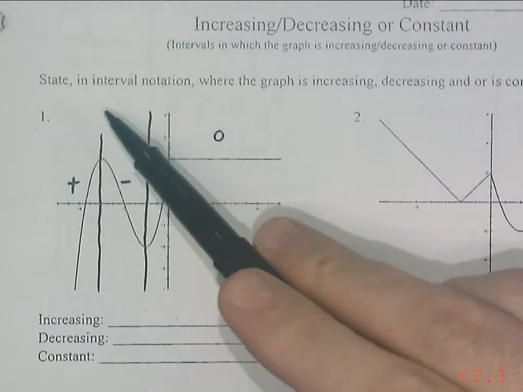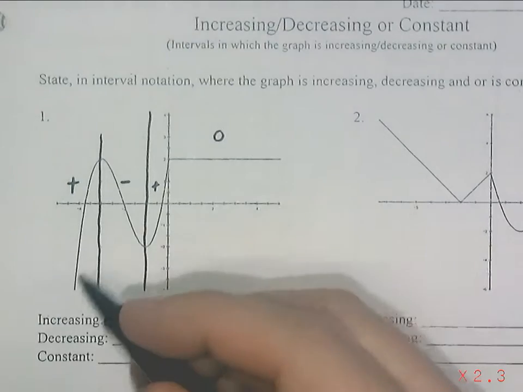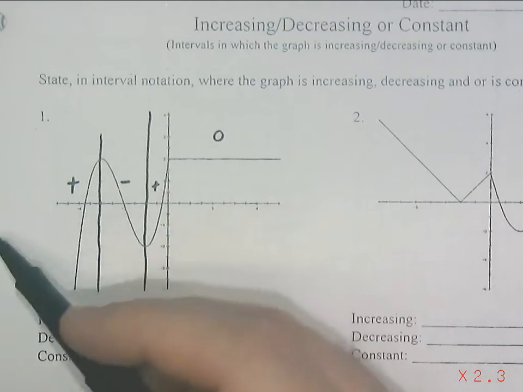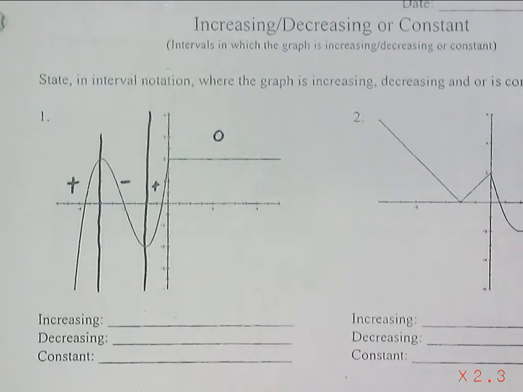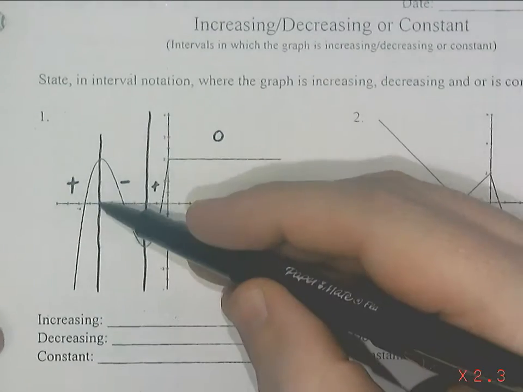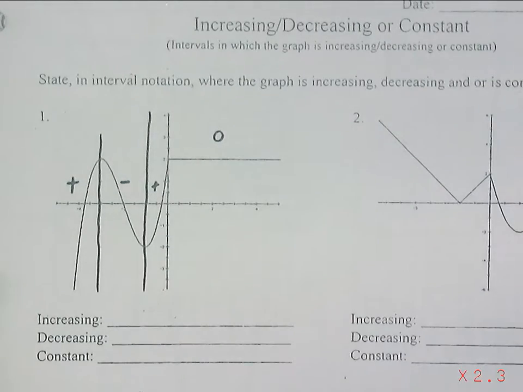So what it wants me to do is use interval notation to state where it's increasing, decreasing, and constant. We use the domain of each section for the interval, so we're really just focusing on between what x values it's increasing, decreasing, or constant.